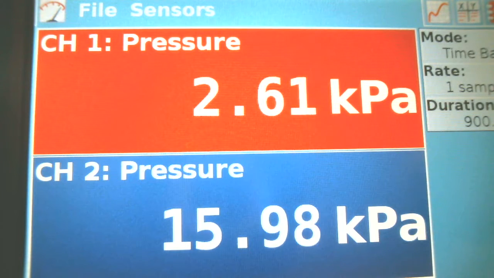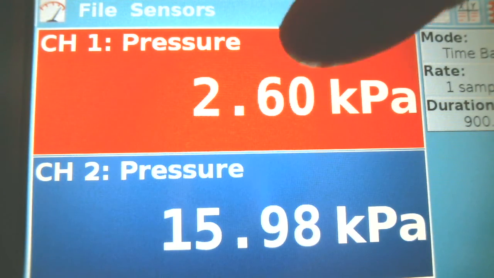So what? Channel 1 is lower, channel 2 is higher. Channel 1 is measuring the pressure up here. I also have a syringe attached so I can change the pressure at the top if I want. Pressure sensor 2 is way down here.